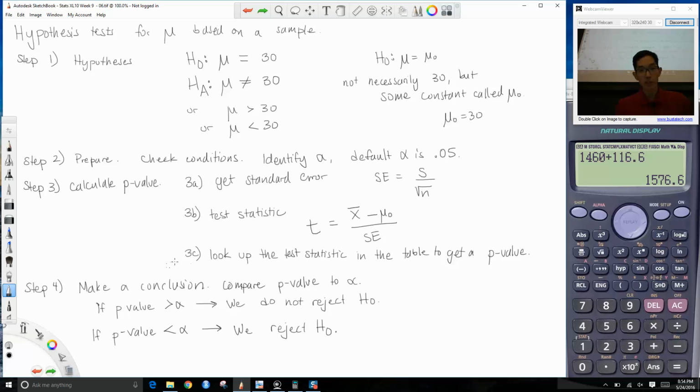The 2 times thing, that is either not equal, greater than, or less than in the alternative, comes into getting the p-value. Whether you multiply by 2 or not comes into play in step 3C.